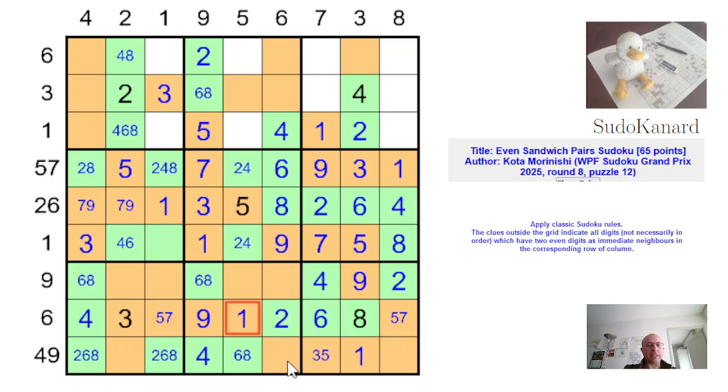On this row, 1 is here. That's not 4. This one goes there. This is from 7, 9. And actually, looking at those 9s, this is a 9. This is from 5, 7.